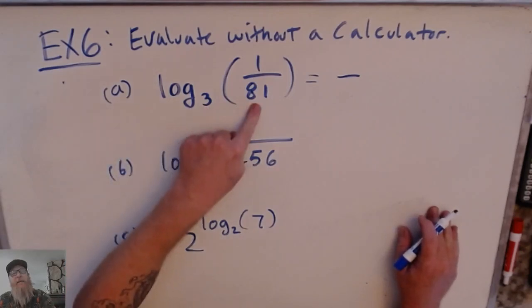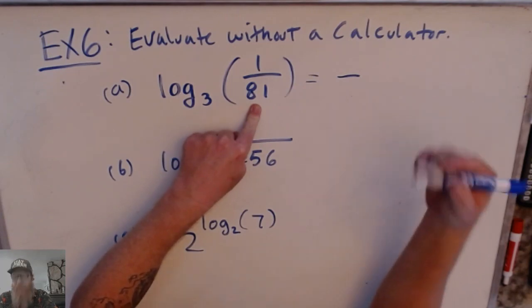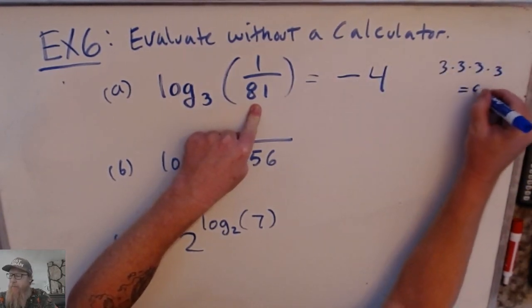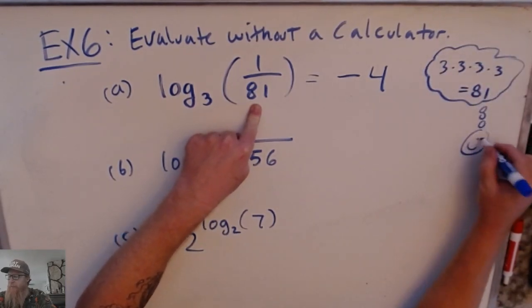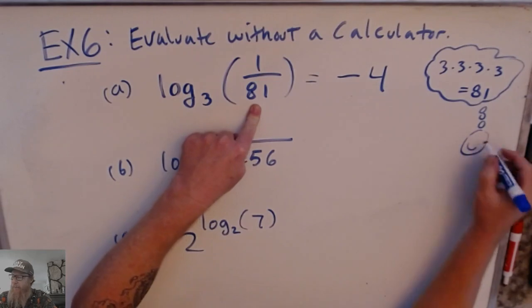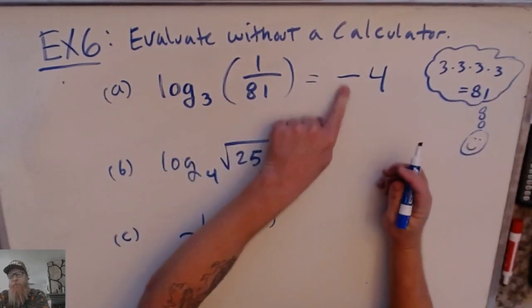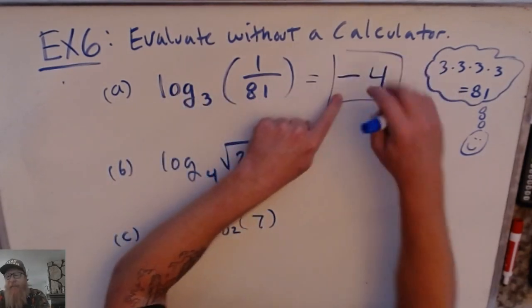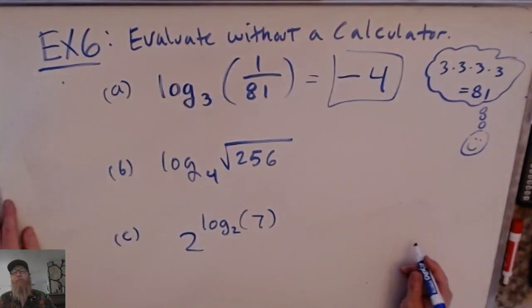What power of 3 is 81? 3 times 3 times 3 times 3 is 81. Remembering that 4 3s make 81. The negative doesn't mean that it's actually a negative number. The negative means it's a negative exponent, which creates the reciprocal 1 over 81.